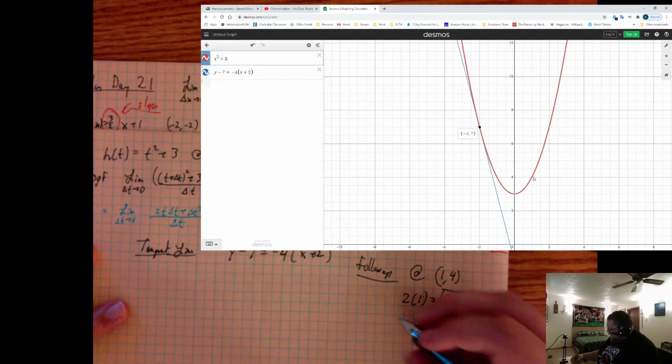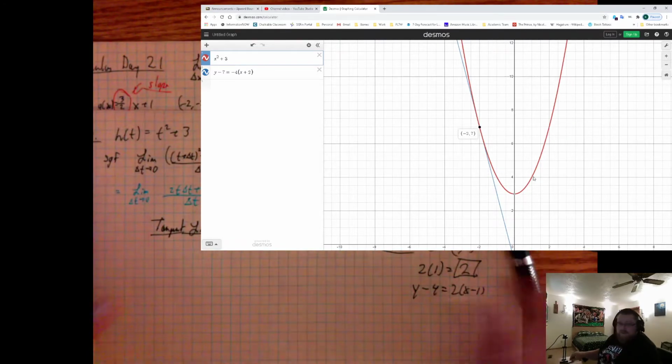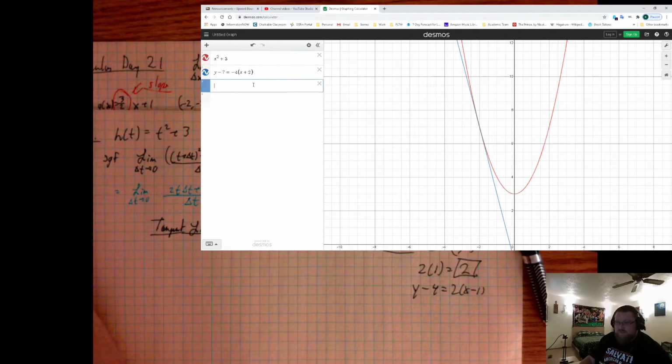And then I could use this slope to find the tangent line: y minus 4 equals 2 times x minus 1. If I do that, look at that.